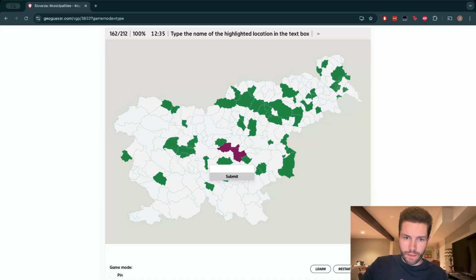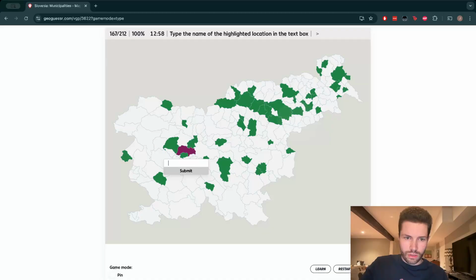Lendava. Litija. Not Jesenice. What's the one next to it? Žirovnica. Podčetrtek. Another one that's horrible to say. Brežice.